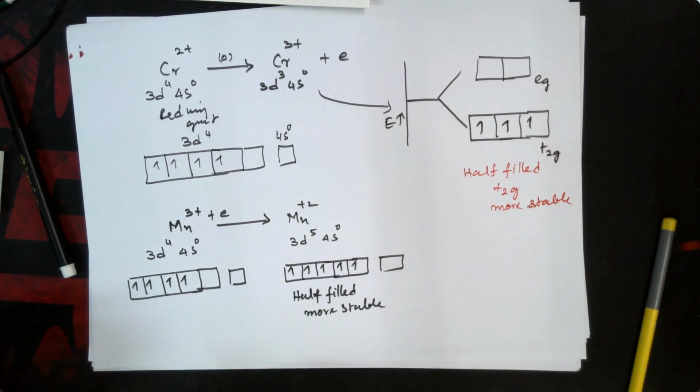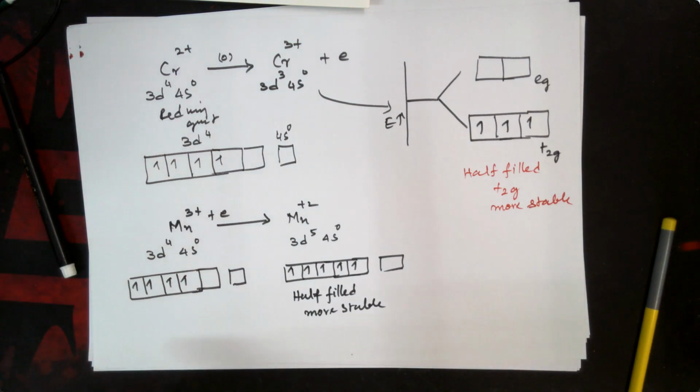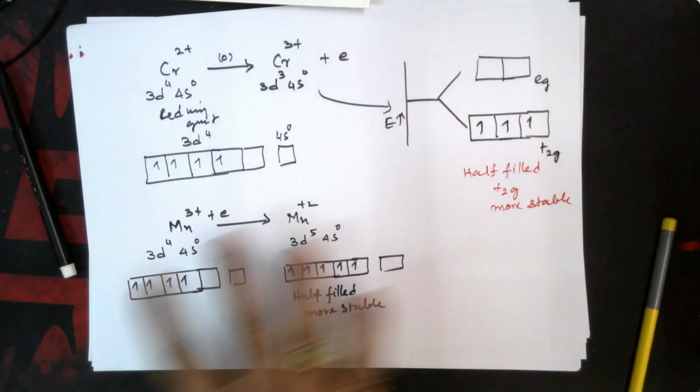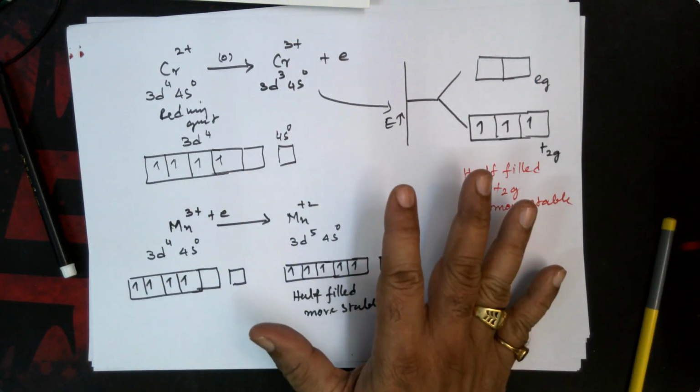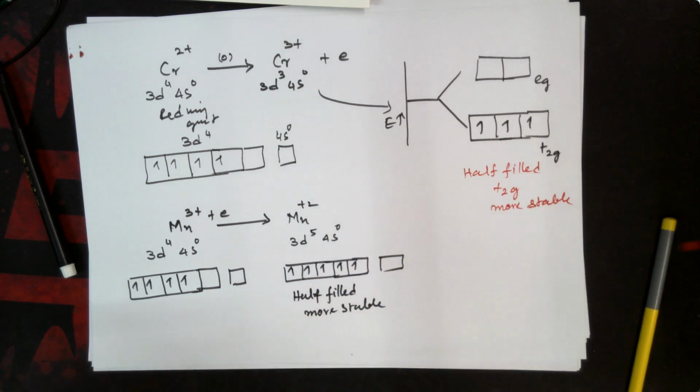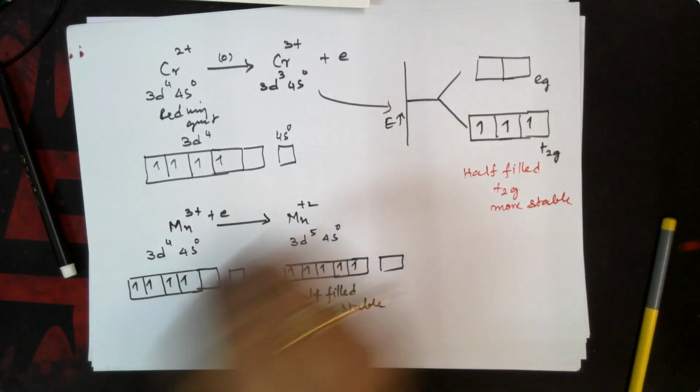You can write like this, but you have to represent it as a very good statement. Please note down. You have to explain with the electronic configuration, but the statement is very important.